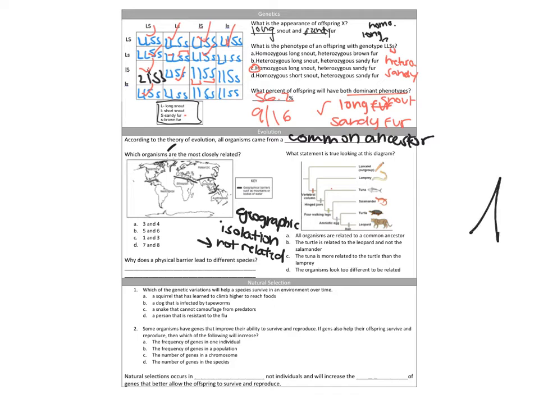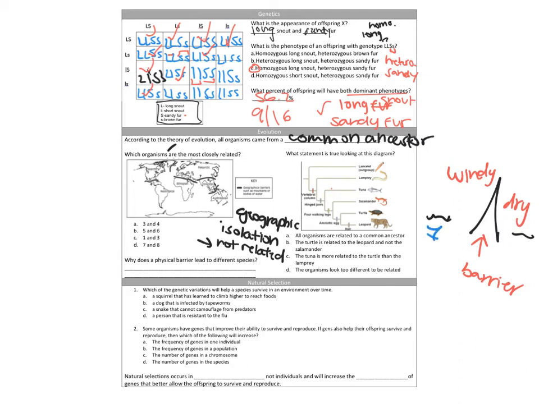Say I have a mountain, I have some snakes over here, some snakes over here. Well, this is my barrier. See, this side of the mountain is windy. This side is dry. These snakes are going to have to evolve to have different traits to best survive in their own environment. Eventually, they're going to evolve and become so different.